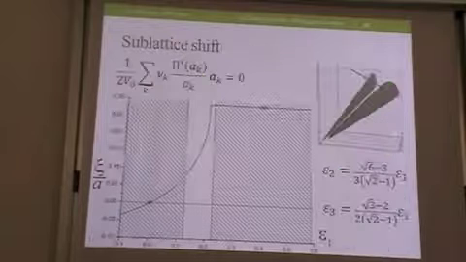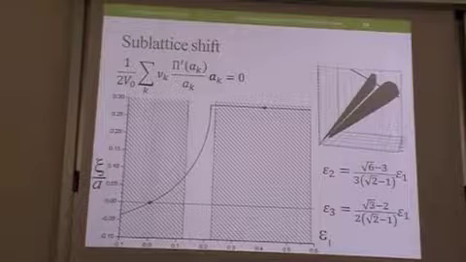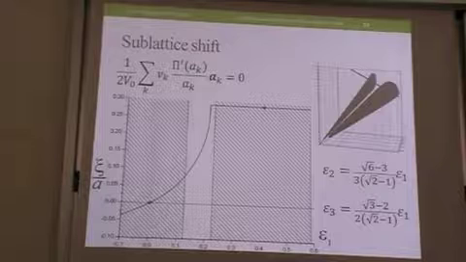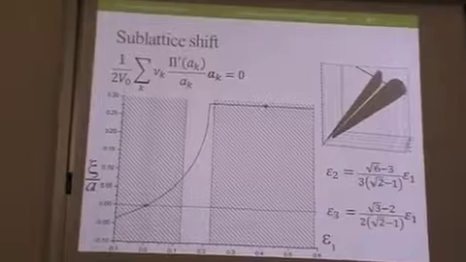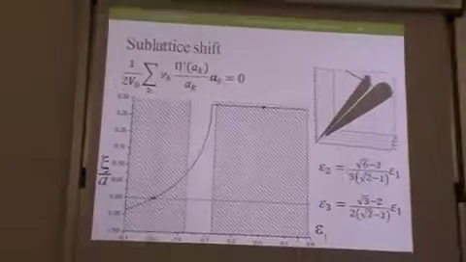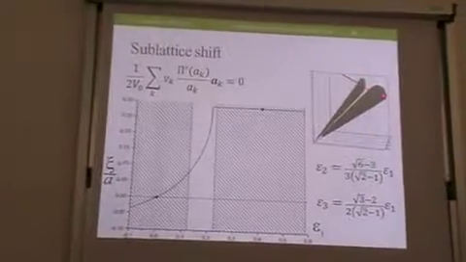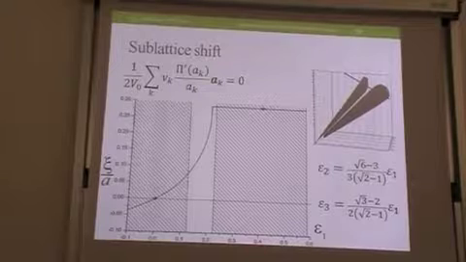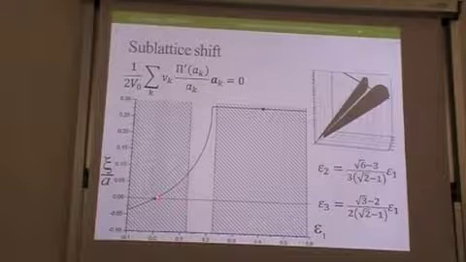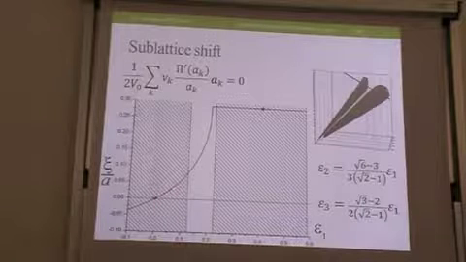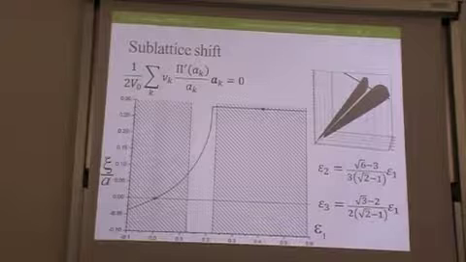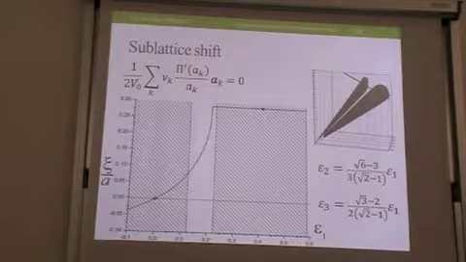So what's that? Let us draw the dependence of the dimensionless non-zero component of the sublattice shift on the line that connects the two stress-free configurations. And that's what we see. Here it's 0. We start from the stress-free HCP. Then we stretch, but this transformation is strain-induced. We don't talk about stresses.